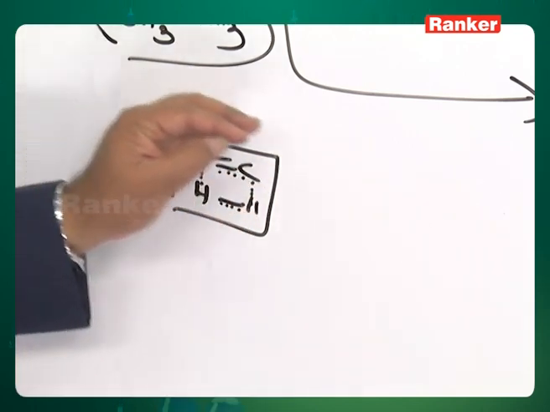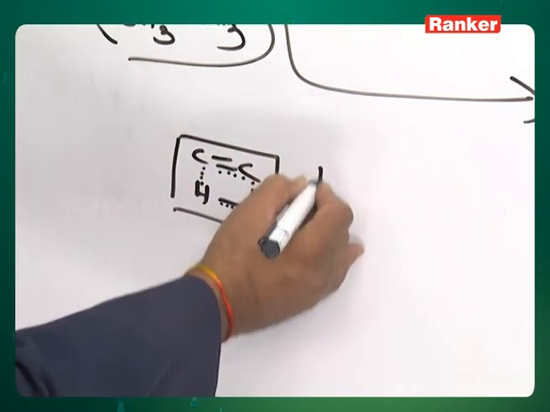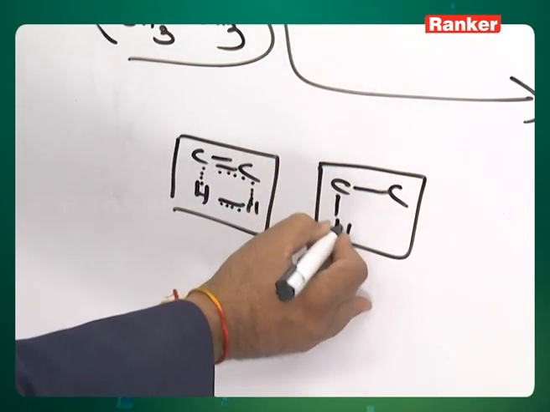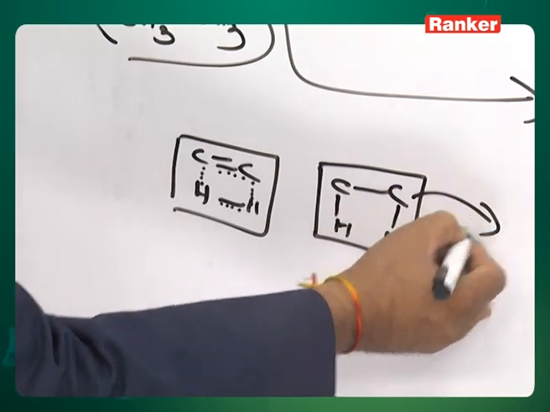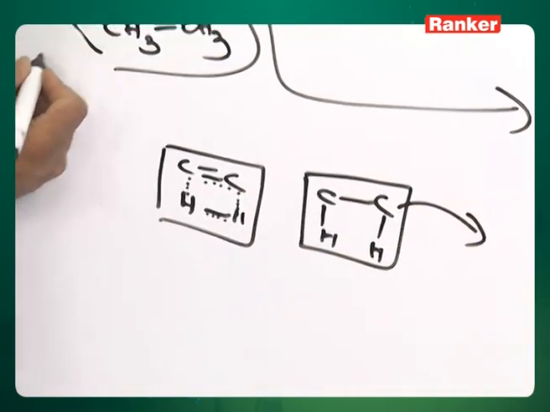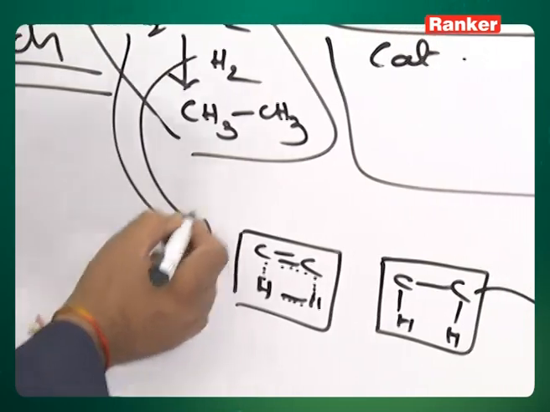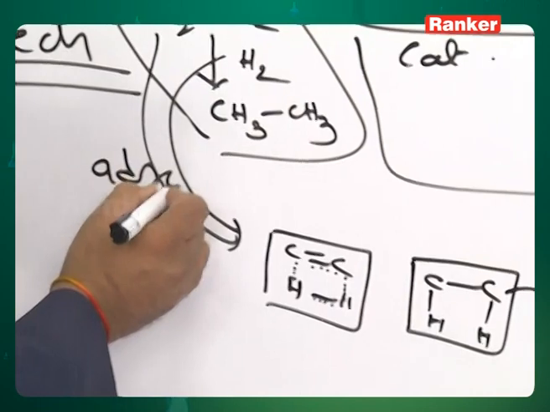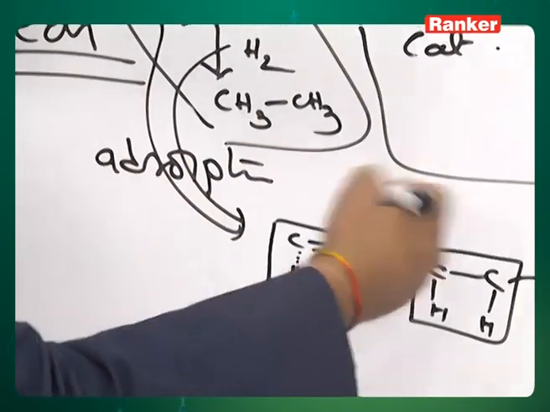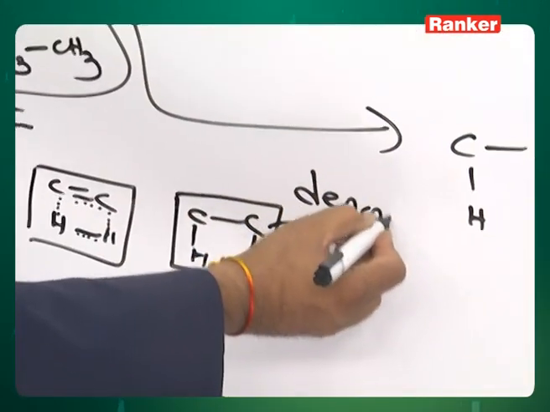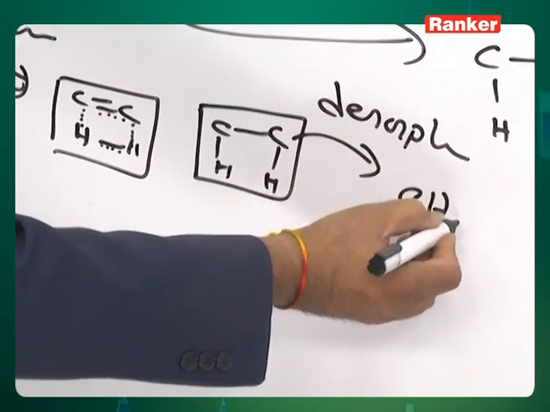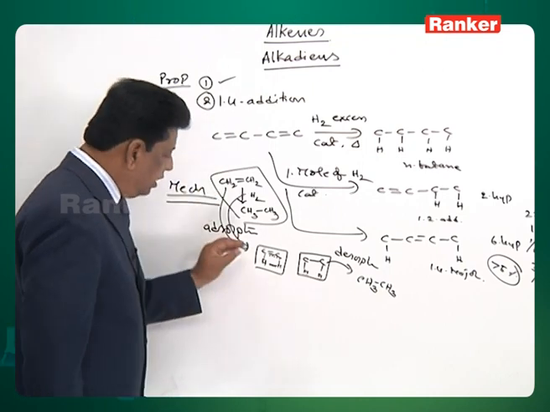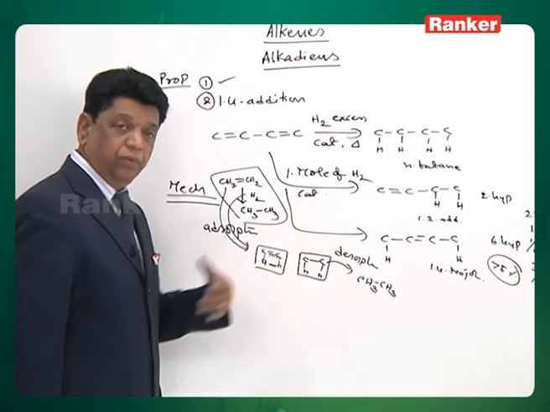So at first you find a 4-membered ring formation, and then the old bond totally disappears, new bonds are formed, and the molecule comes out. So ethylene and hydrogen adsorb, then come out, which is called desorption. Adsorption and desorption give us the explanation.